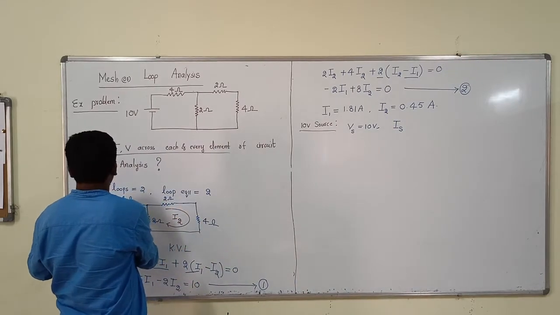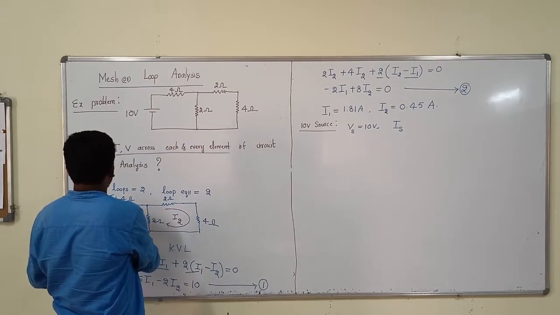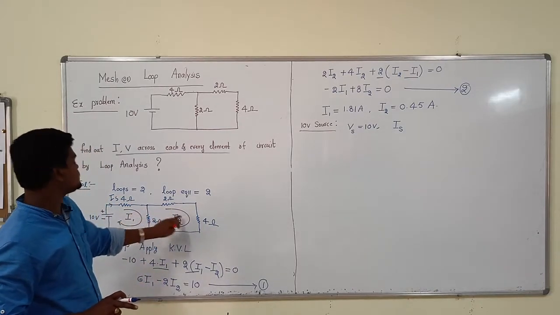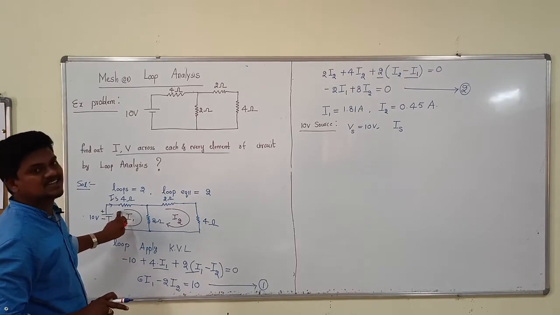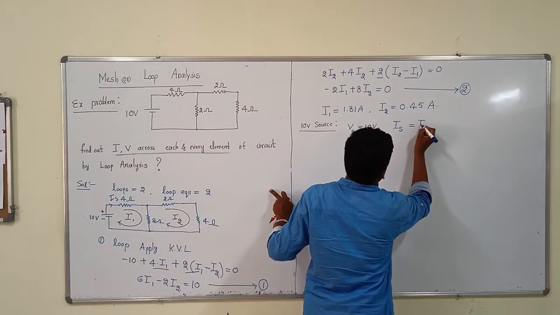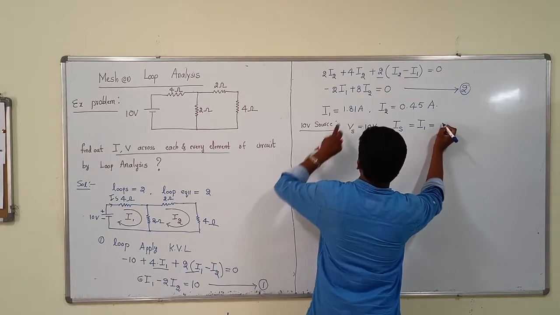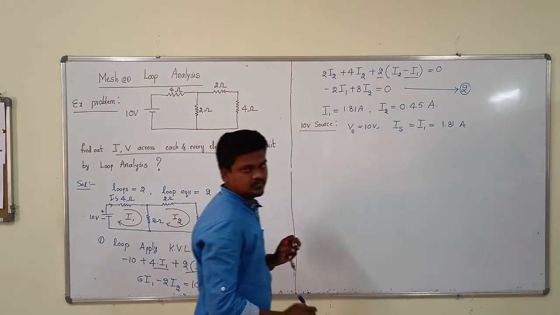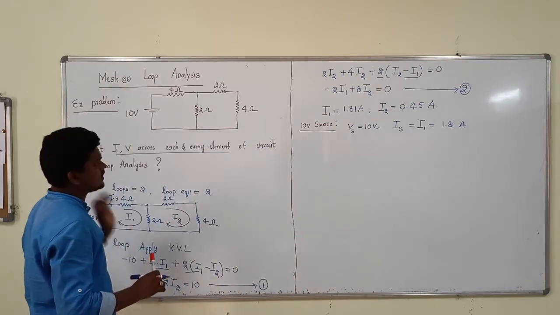This is the current from the source. If you observe here, this current Is is nothing but I1. But here I2 is given. But Is and I1 are both the same. Is is nothing but I1. What is the I1 current here? 1.81 amperes.